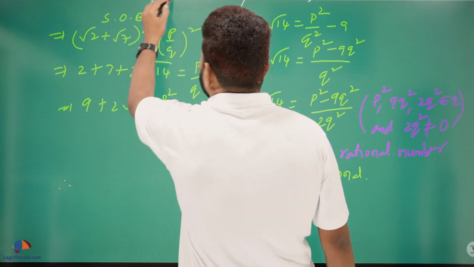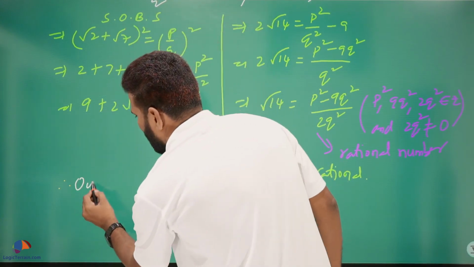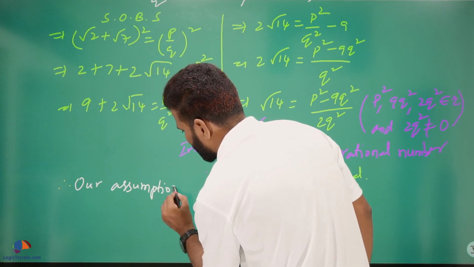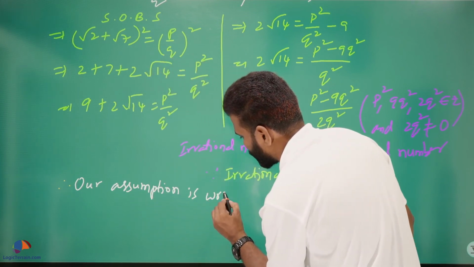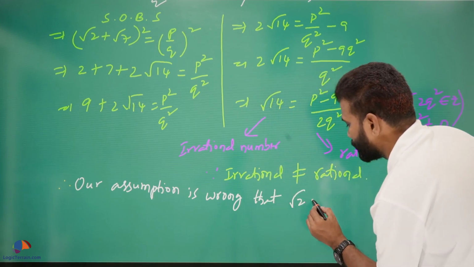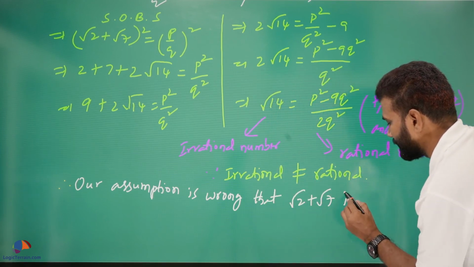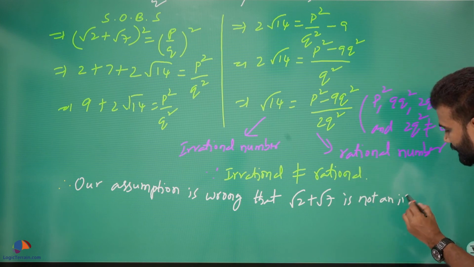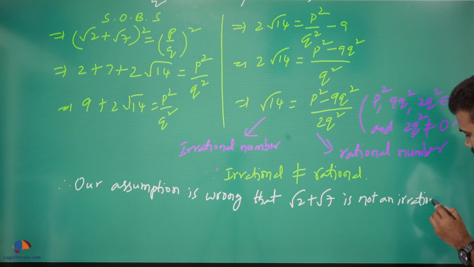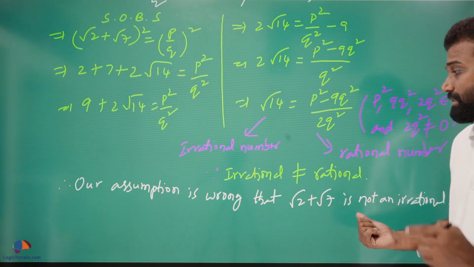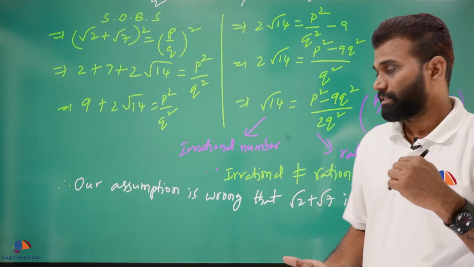Therefore our assumption that square root 2 plus square root 7 is not an irrational number is wrong.